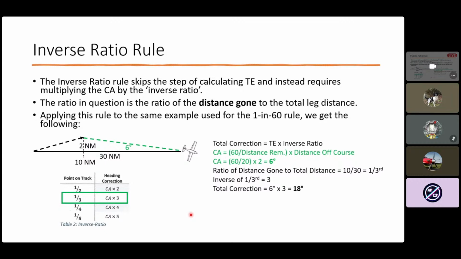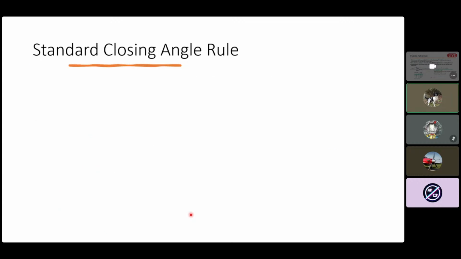Okay. So the final way I'm going to show you, and I think this is the end of the whole presentation. Save the best animation for last. This is a standard closing angle rule, so this is a wee bit different from the methods that I've just shown you.